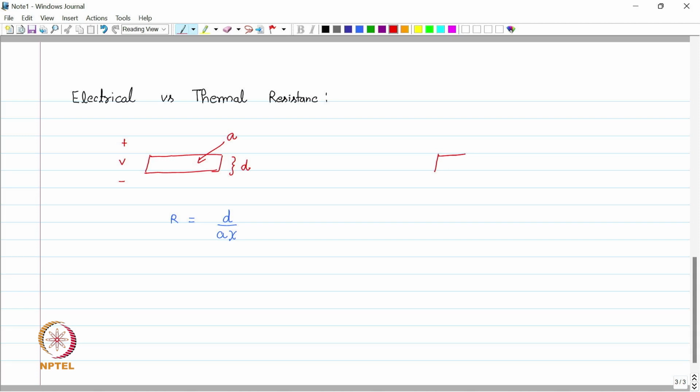Similarly, we have a material in thermal networks, and we apply a delta T across this, and the power flowing through this material is PD, and we can write RTH is equal to D upon A into lambda TH, where psi is the electrical conductivity and lambda is the thermal conductivity.